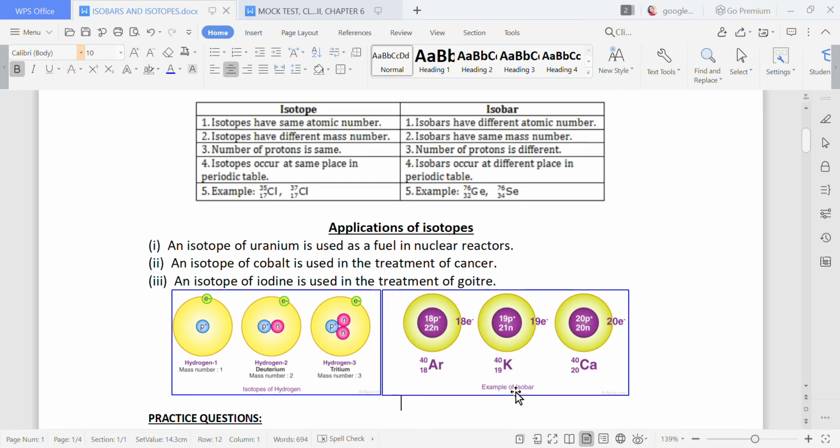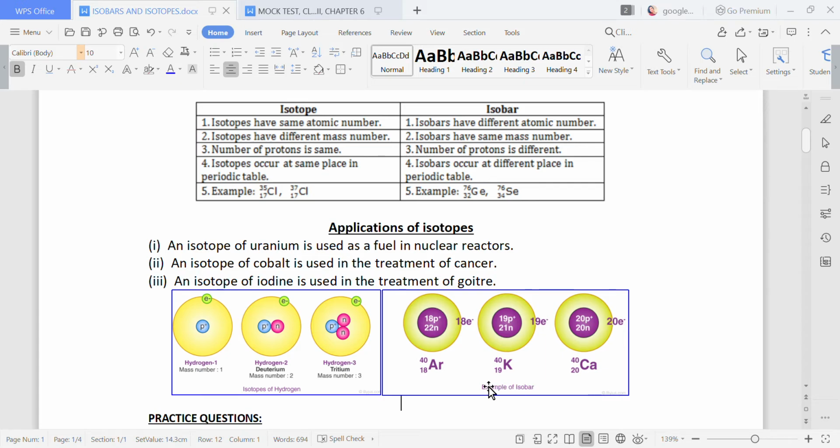Now let's see the examples of isobars. Now children, you see here there are three different elements. One is argon, then this is potassium and calcium. Now you see all of them here have the same mass number, 40, 40, 40, but their atomic numbers are different, 18, 19 and 20.